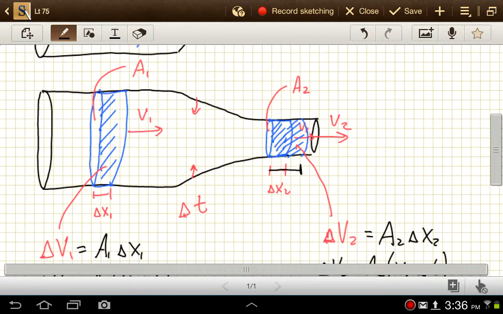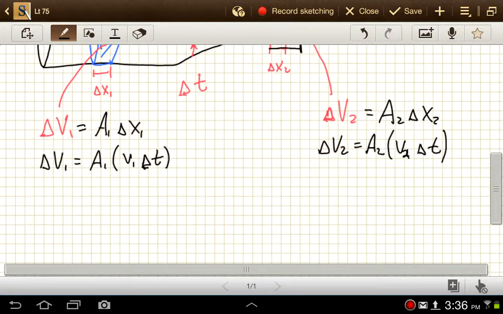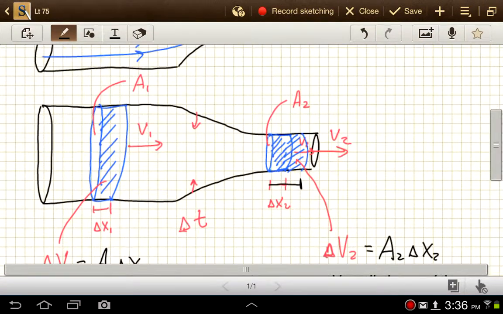If we didn't have the same volume going into this compressed area, or this smaller diameter area as we did coming out, then either water would have to be disappearing, we'd spring a leak in the side of the pipe, something like that, or we'd have to be inventing water. We'd have to have brand new water. So delta V1 has to equal delta V2. We have the same volume going in as we do coming out.